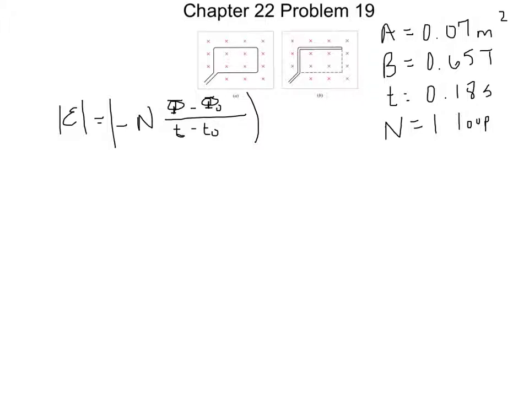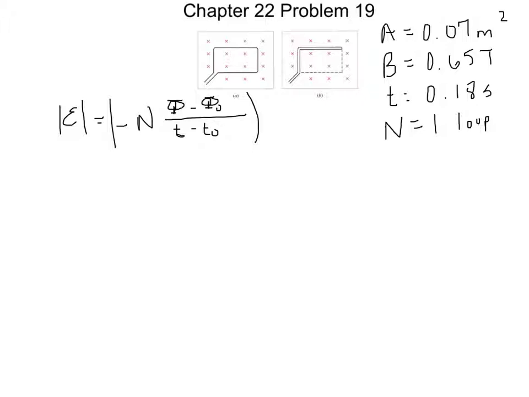Back to the equation for Faraday's law. The EMF is equal to negative N, number of loops, times the change in the magnetic flux over the change in time.